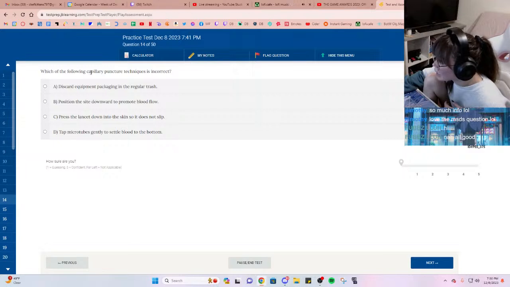Which of the following capillary puncture techniques is incorrect? Discard equipment packaging in the regular trash. Position the site downward to promote blood flow. Press the lancet down into the skin so that it does not slip. Tap microtubes gently to settle blood to the bottom.